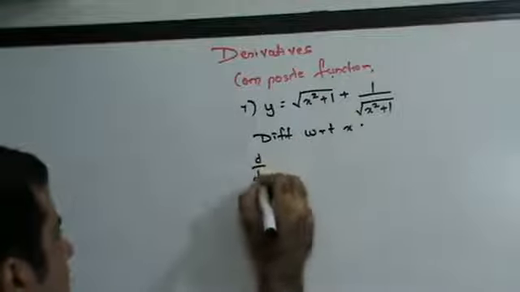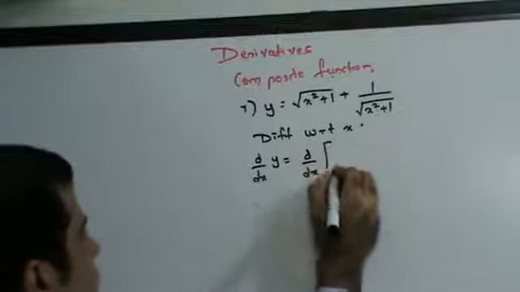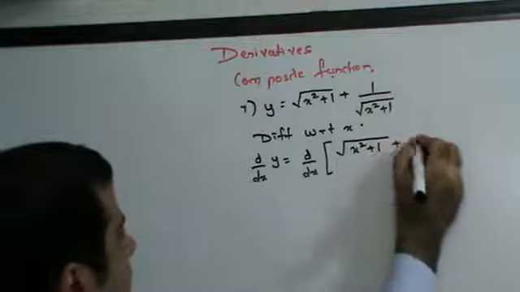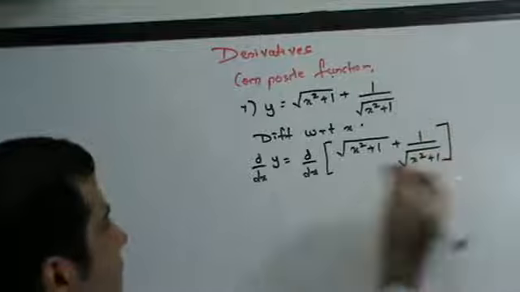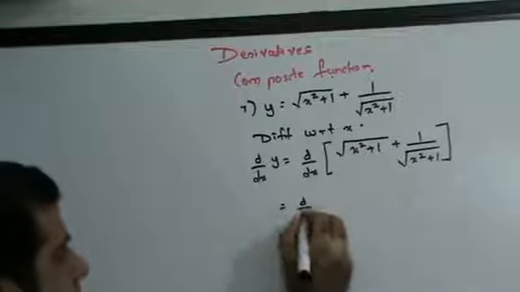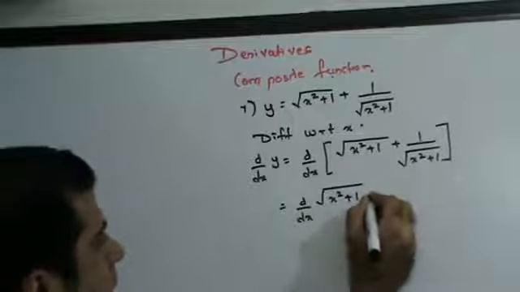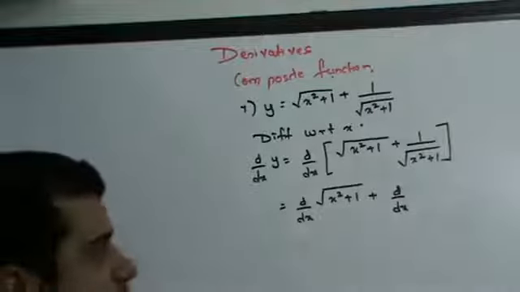So you will get dy dx of y is dy dx of root of x square plus 1 plus 1 upon root of x square plus 1, right? Now when I open the bracket, this will be dy dx of root of x square plus 1 plus dy dx. This I'm going to take it in the numerator.